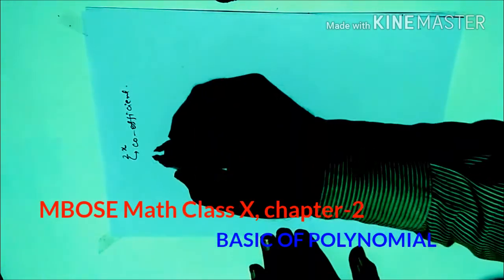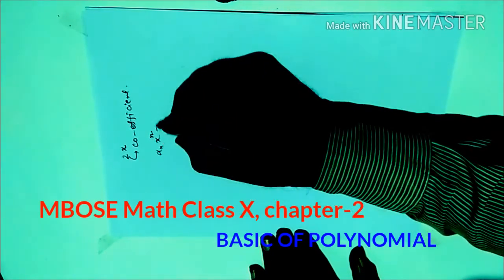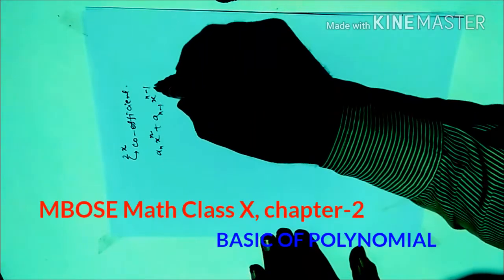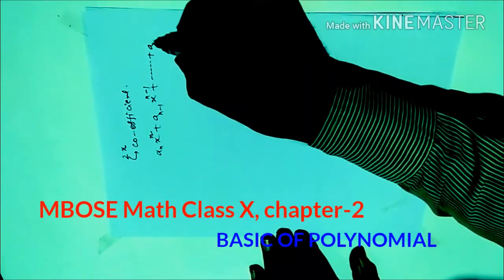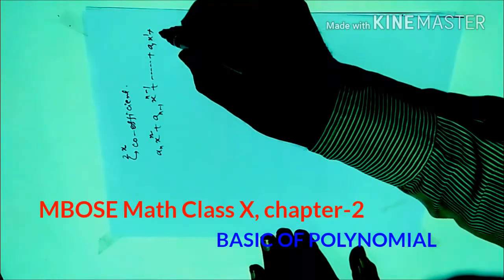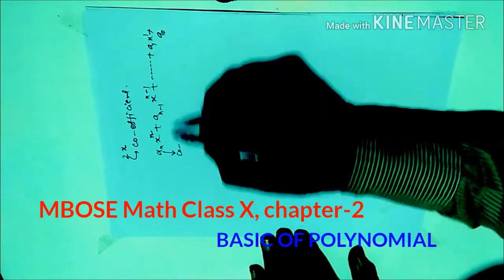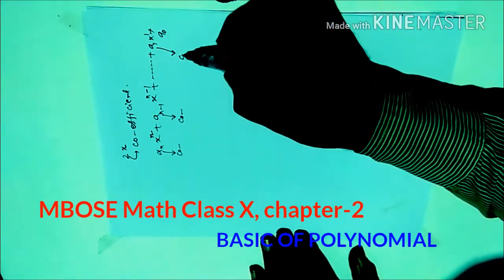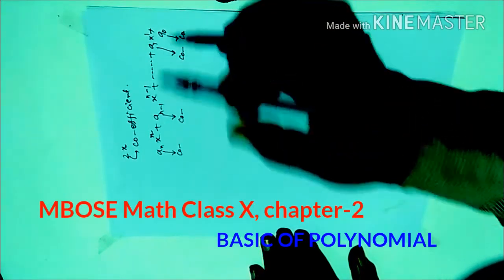So in the previous page, a_n x^n plus a_(n-1) x^(n-1) plus dot dot dot, you get a_1 x^1 plus a_0. So this is called a coefficient, this is also a coefficient, this is also a coefficient. But here x power nothing means 0, this is also called a coefficient.